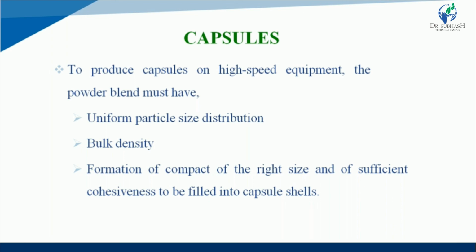All are characteristics of the powder mixture. Bulk density is maintained, and a compact mass with the right size and sufficient cohesiveness is required to be filled into the capsule shell.